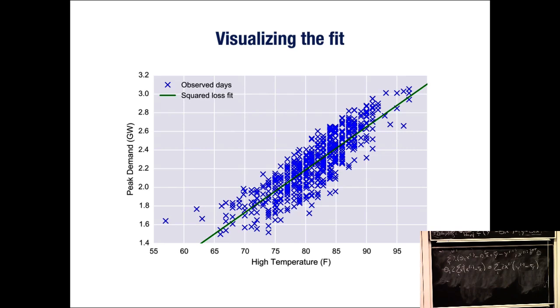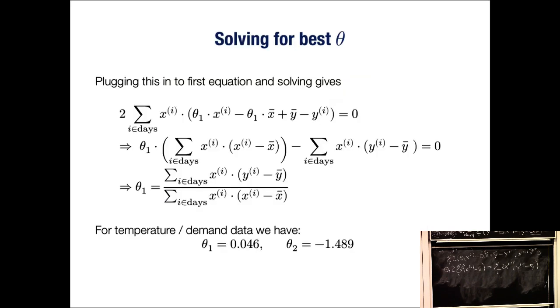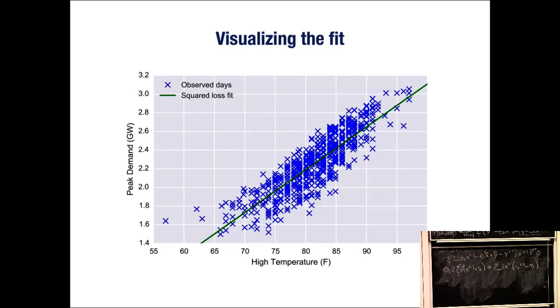Effectively, I'm not doing every point because it's a line, so I'm just taking 2 points. But for this point here, I multiply 80 degrees by whatever theta 1 is there, and then subtract 1.489, and I get that value of the line. I get the same for all the values of the line. That's how I plot and sweep out that line.